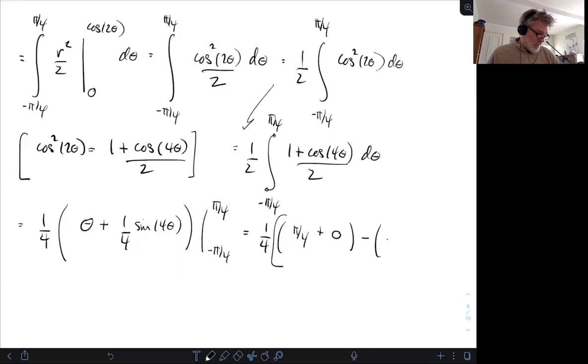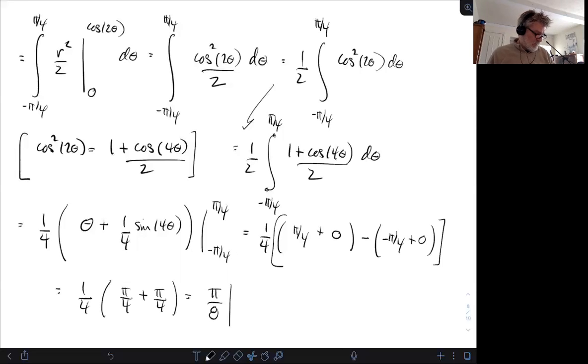And this will be minus pi over 4 plus 0. So this is 1/4 of pi over 4 plus pi over 4. So this is pi over 8, which is kind of cool. So the 4-leaf rose, each leaf has area pi over 8.